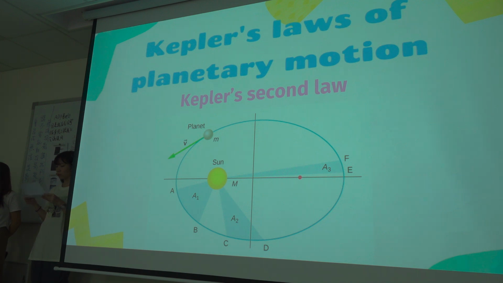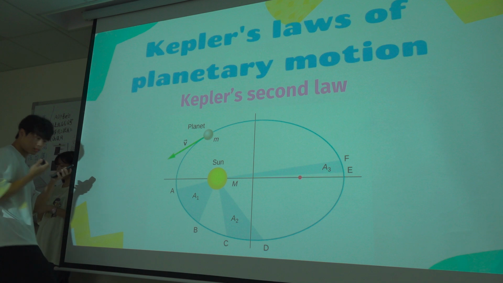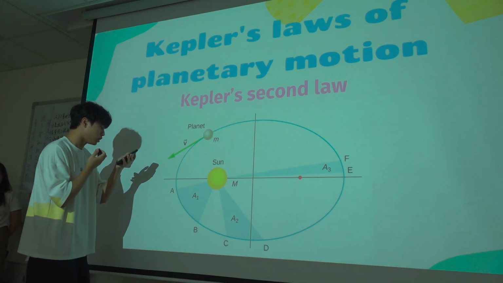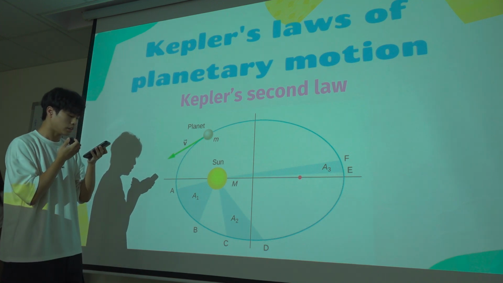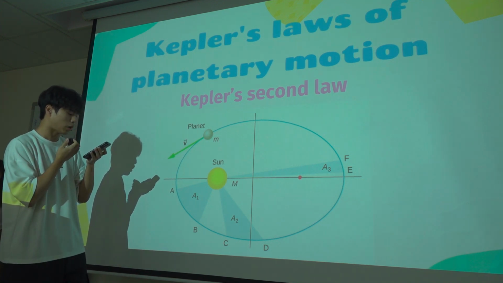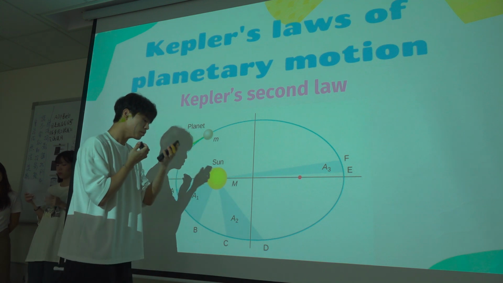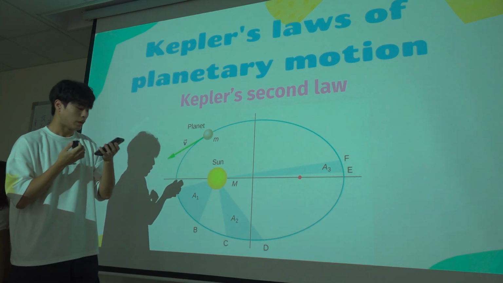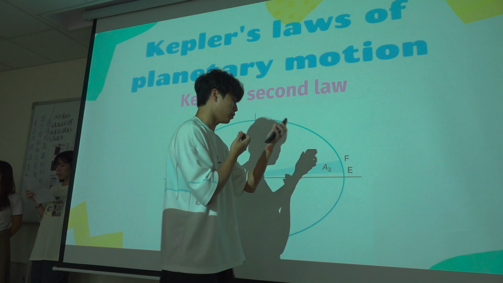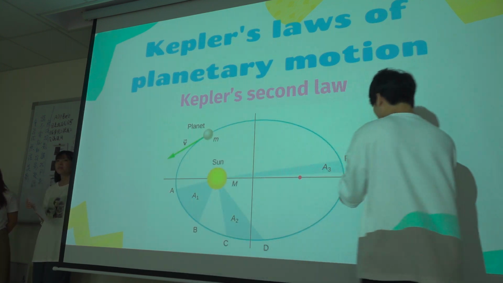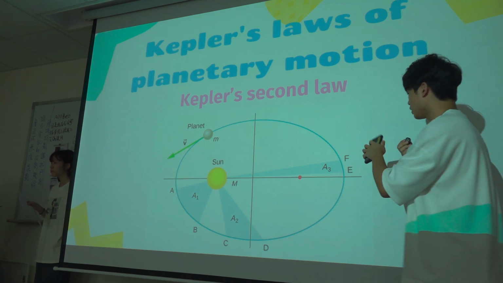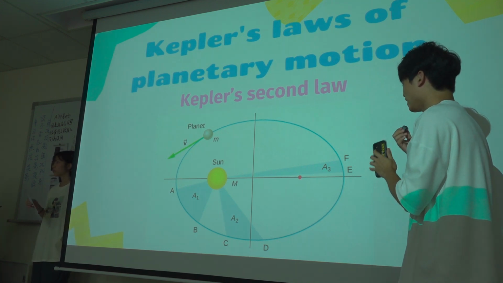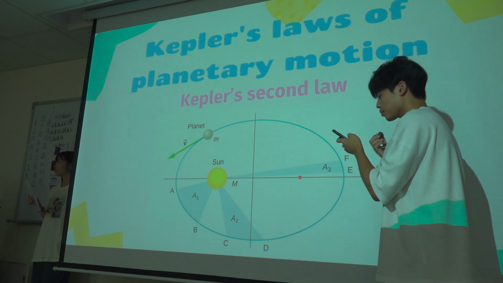The time it takes a planet to move from position A to B, sweeping out area A1, is exactly the time taken to move from position C to D, sweeping area A2, and to move from E to F, sweeping out area A3. These areas are the same: A1 equals A2 equals A3.